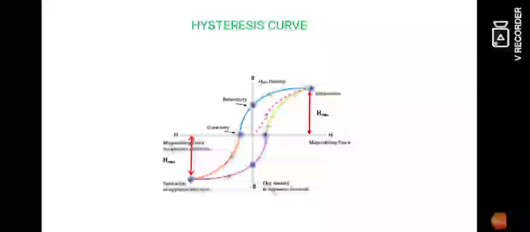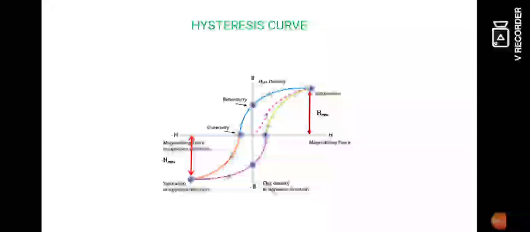Now the magnetizing field value H is gradually increased along the negative x-axis. The B value also increases and reaches the maximum. That is called saturation along the negative direction. Now once again the magnetizing field value H is gradually decreased. The B value also decreases and reaches the point E along the negative y-axis.